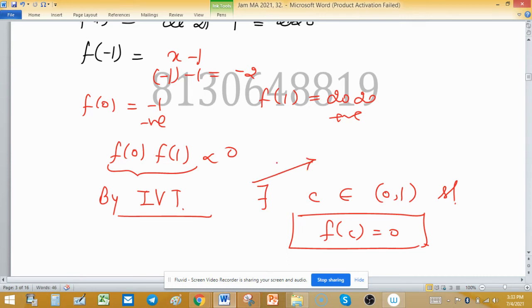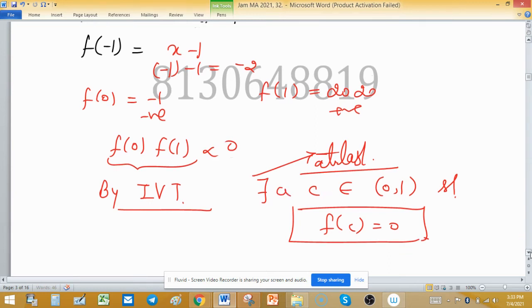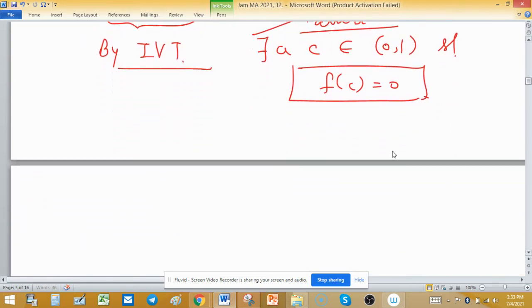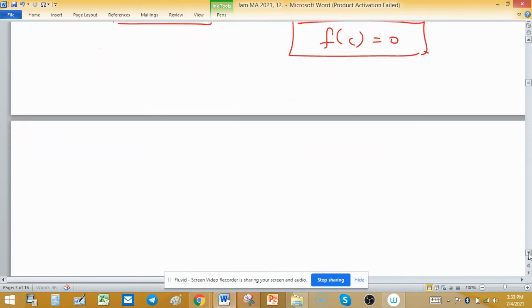But how many roots will exist? It is at least, not at most, a c belonging to the open interval (0, 1) such that f(c) is equal to 0. But how many?